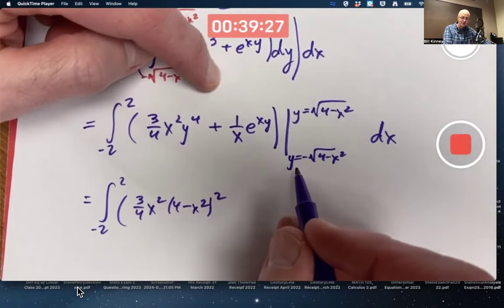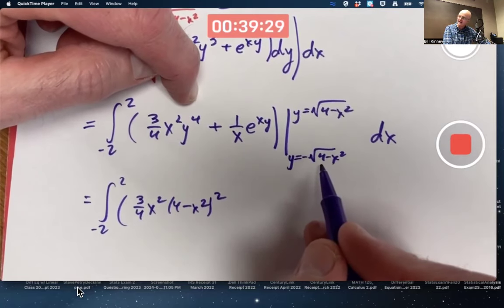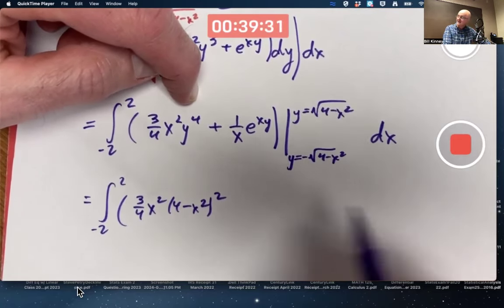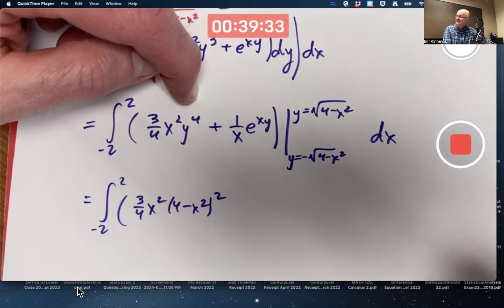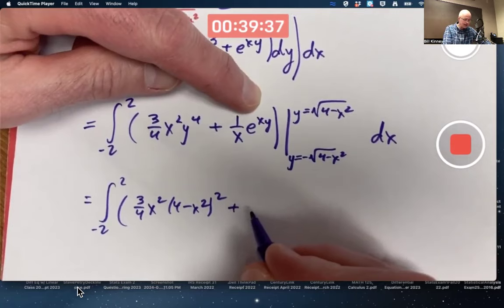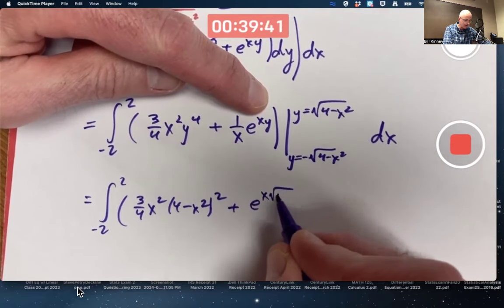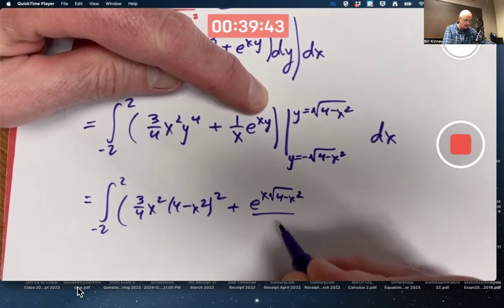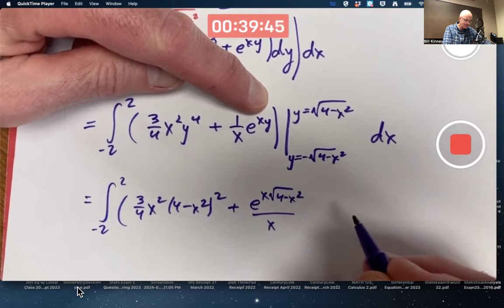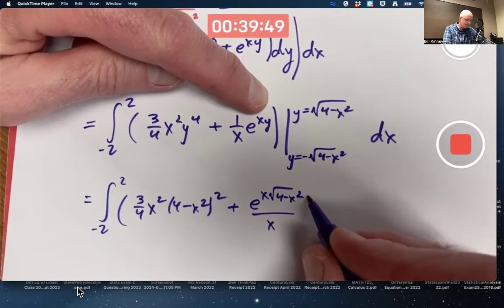Actually, because of raising to the 4th power there, when we plug in the negative square root, we're going to be subtracting that term. We are going to get some cancellation. Plug in the positive square root there for y, you'll get e to the x square root of 4 minus x squared over x. I'm seeing something I don't like here.